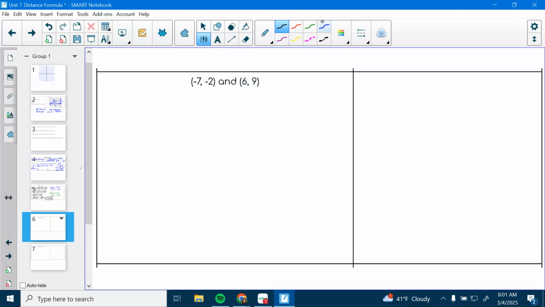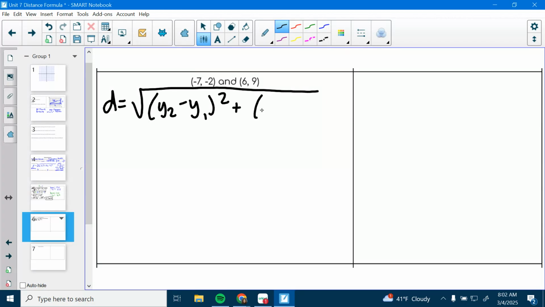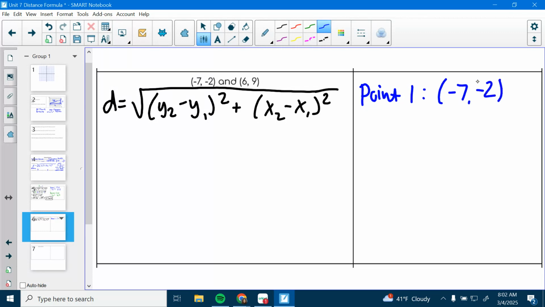All right, we're going to start by writing out our distance formula. Distance is equal to the square root of y2 minus y1 squared plus x2 minus x1 squared. I'm going to have my point 1. This time I'm just going to have it be the first one they give us, negative 7, negative 2.